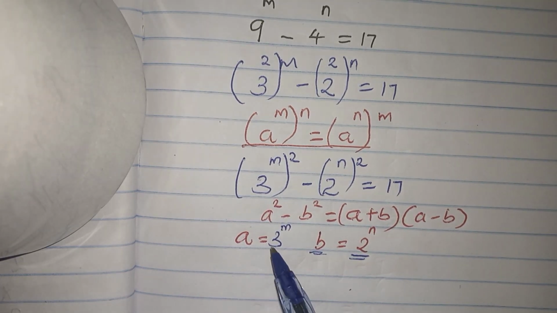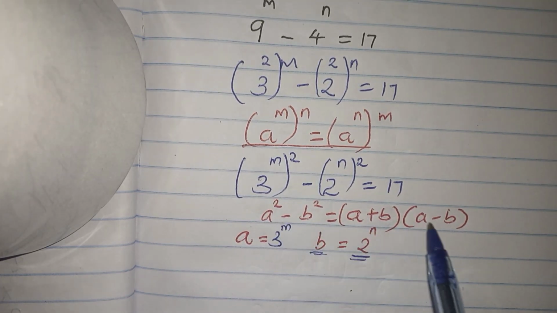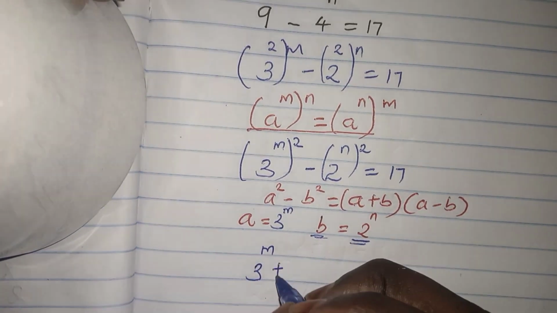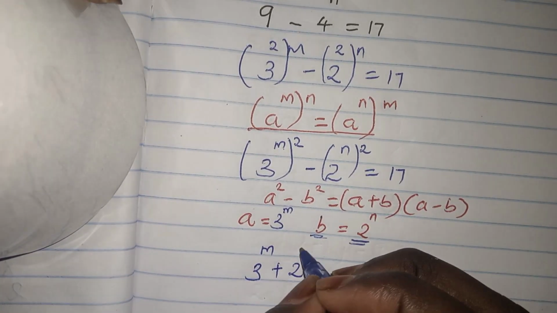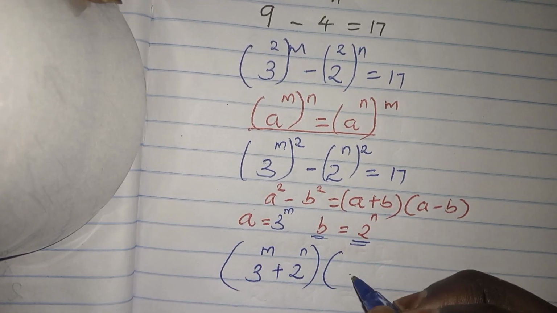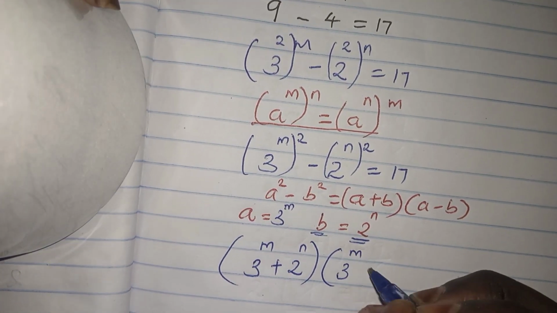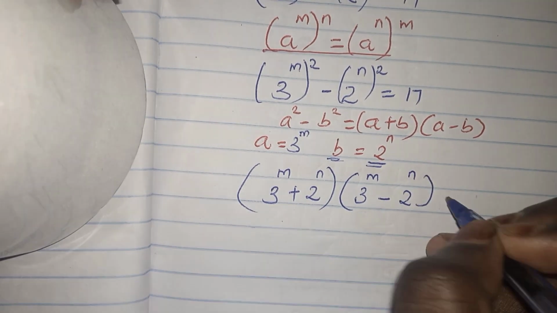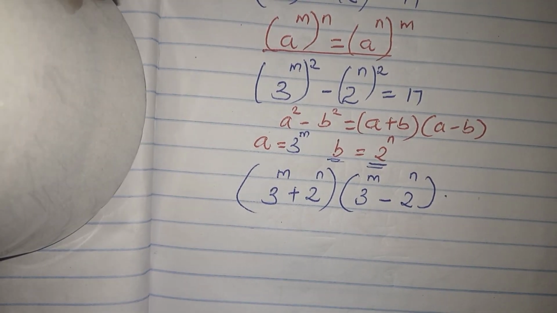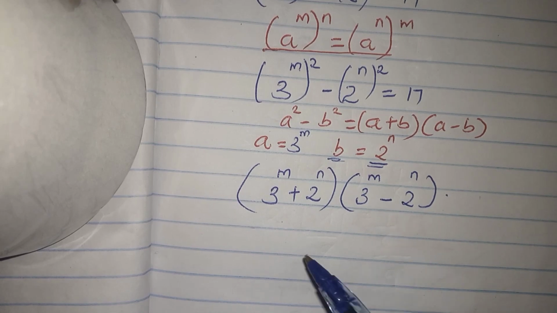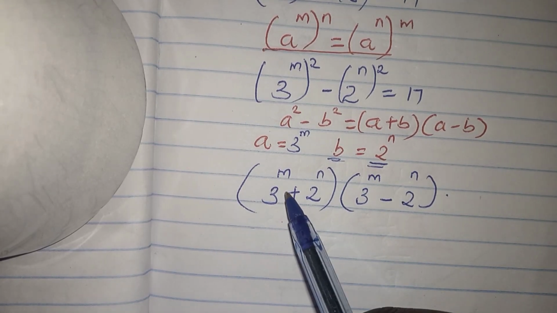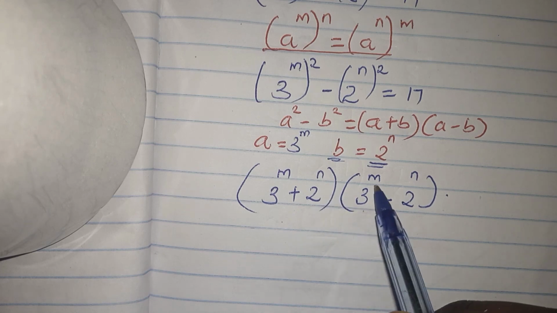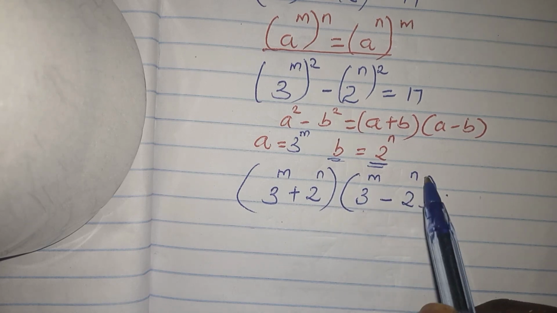So I want us to write it in this form. So this will be 3 to the power of m plus 2 to the power of n into bracket 3 to the power of m minus 2 to the power of n, close the bracket. So if you can realize, 3 to the power of m plus 2 to the power of n is greater than 3 to the power of m minus 2 to the power of n.